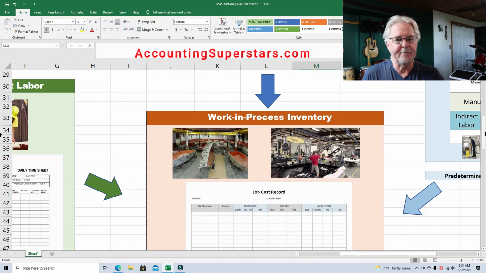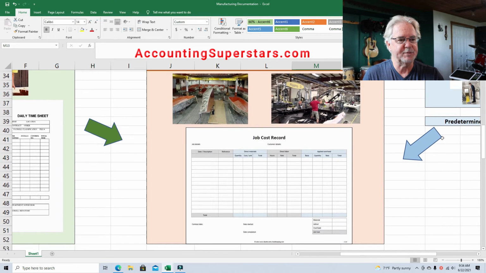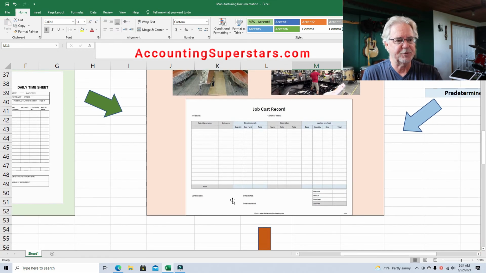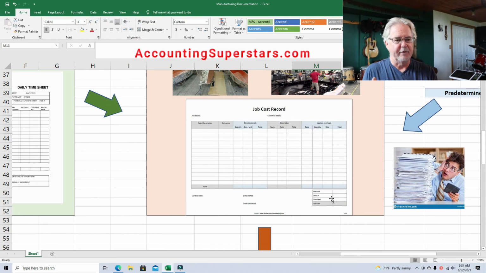Now, once the job is complete, once this boat is all finished and ready to go, well, it's no longer needed in work in process, but it's got to be moved on to finished goods. So what happens is whoever's in charge of filling this job cost record out, and it's probably the accountant, they'll fill it out, they'll total things up, and they'll say, okay, date completed and the grand total cost that it took for the labor, materials, and the overhead, so they've got a cost.